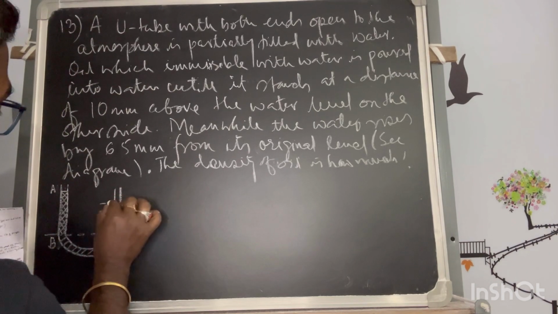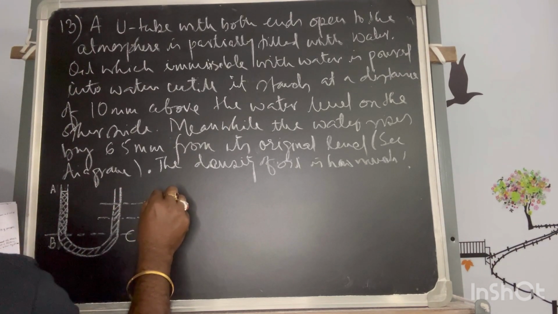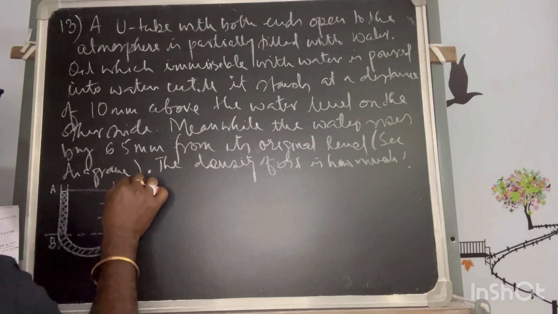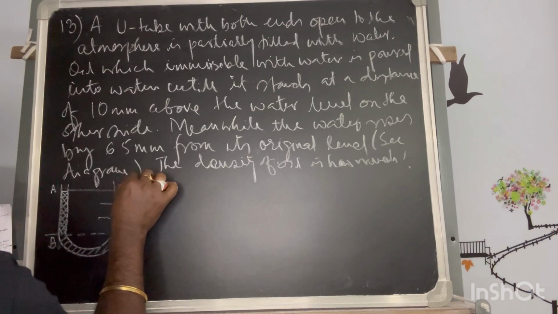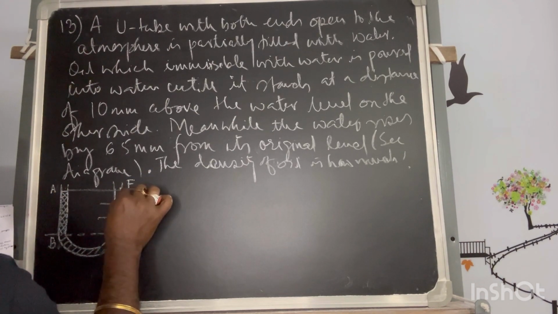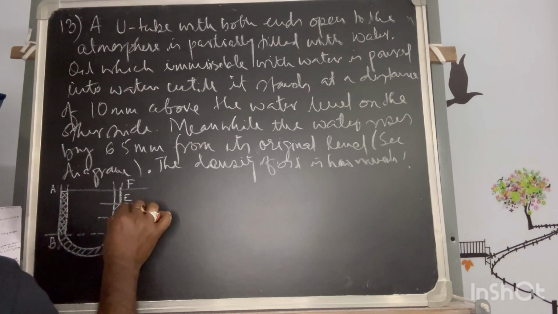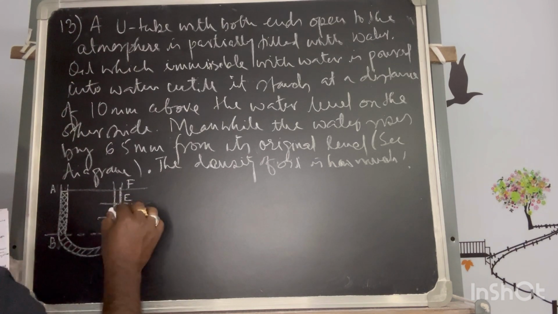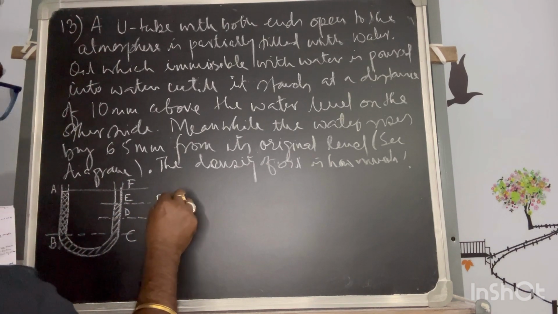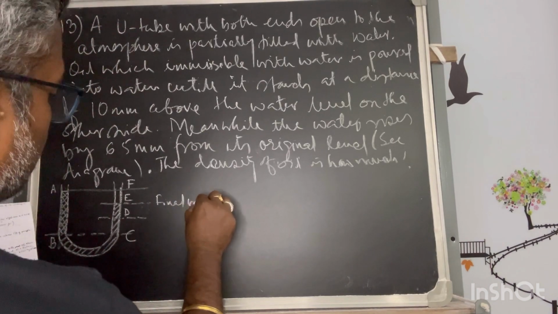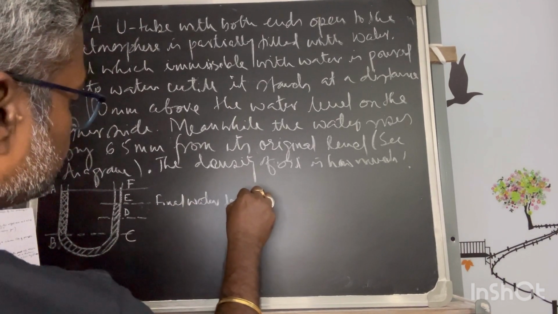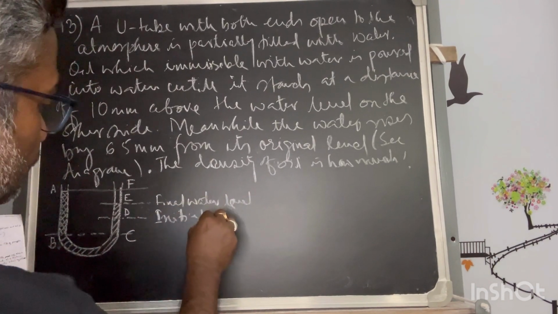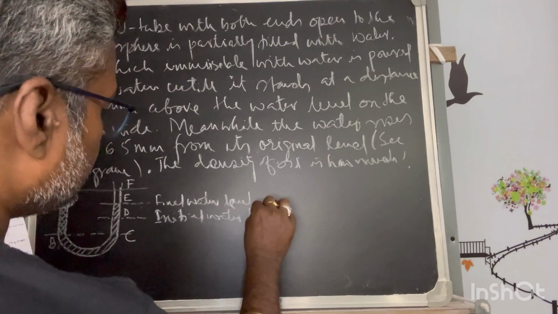This is the reference point, given as F, this point is E, and this point is D. This is the last level of water, so this is the final water level, and this is the initial water level.